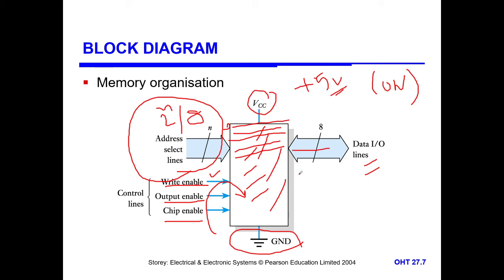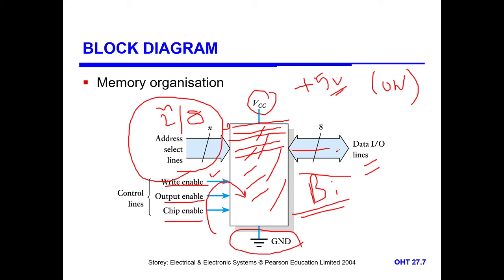See this one, this arrow is there for the two sides, so it is called a bidirectional bus. Bus is nothing but a communication path which is used to carry the digital signals.